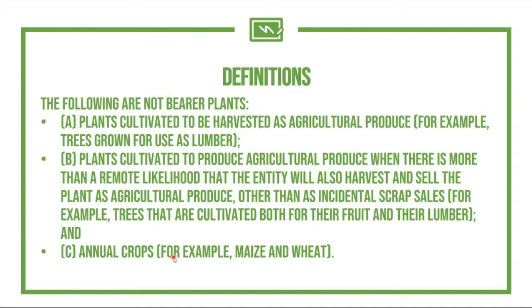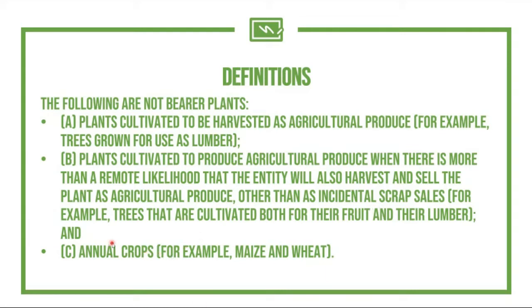So if you have annual crops, like palay, after harvesting you need to uproot the remaining plants, and then you're going to have another fresh plantation after that. That's basically how it works.